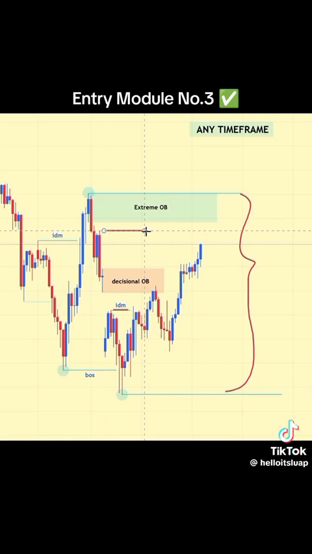Engineering liquidity is simply the liquidity resting above the pullback, in that case valid pullback, right before the extreme order block or order flow or PY. Like the liquidity resting above, in this case it will be above because we are in a downtrend, so it will be the liquidity resting above the valid pullback right before the extreme order block.